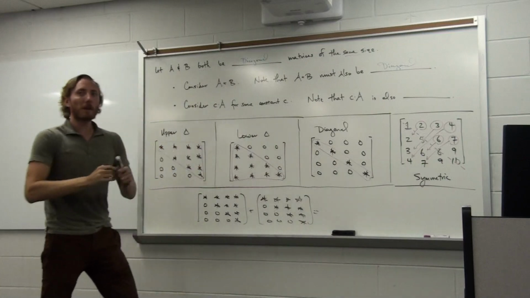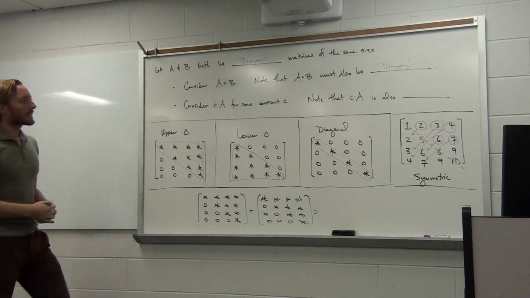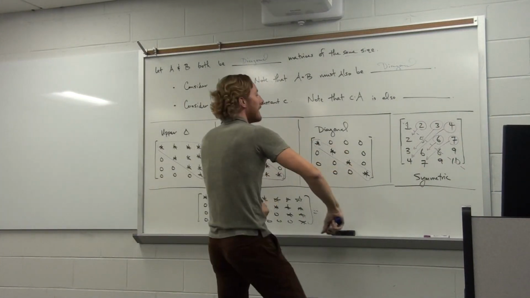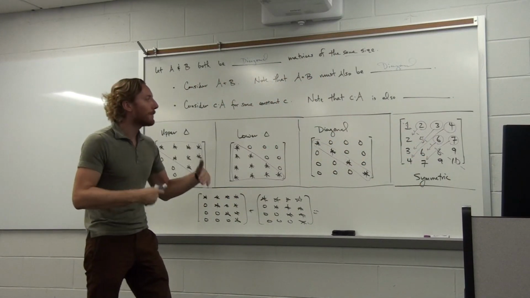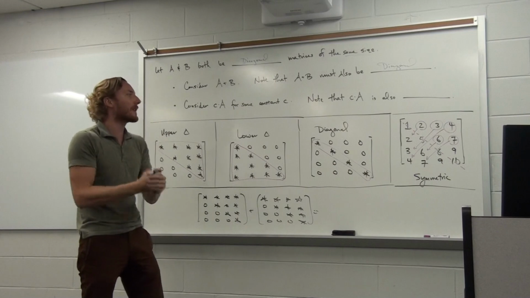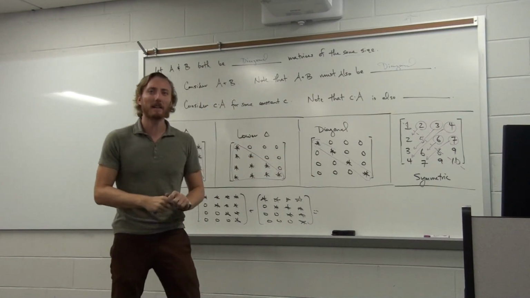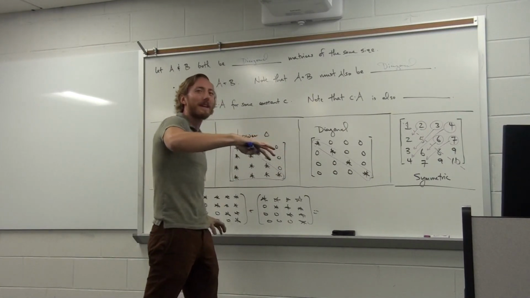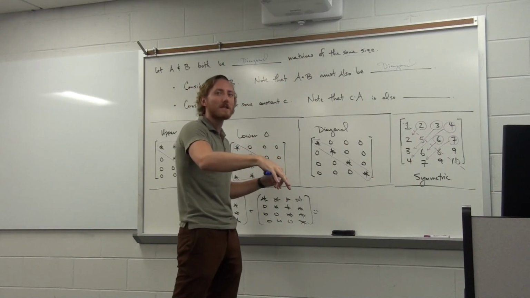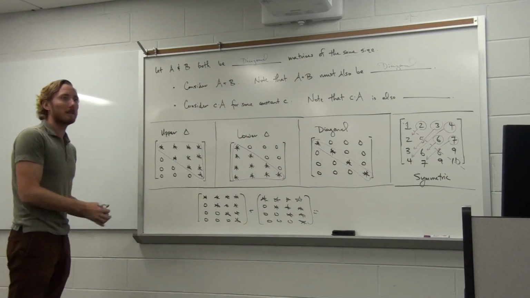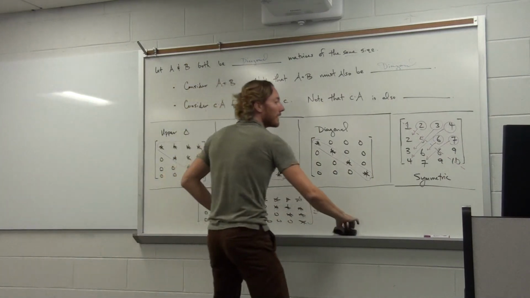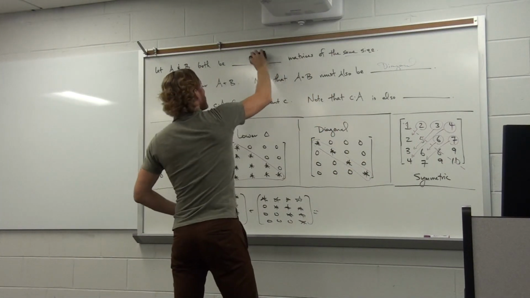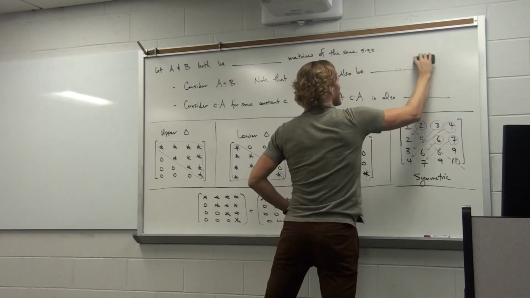The same story plays out, doesn't it? Because if you took a diagonal matrix and another diagonal matrix and added them up, the only positions where you could possibly have non-zero entries are along the diagonal, because everywhere you're not on the diagonal, both matrices have values of 0, and 0 plus 0 is 0. And if you want to think about it with respect to symmetric matrices, the same story would play out, wouldn't it?